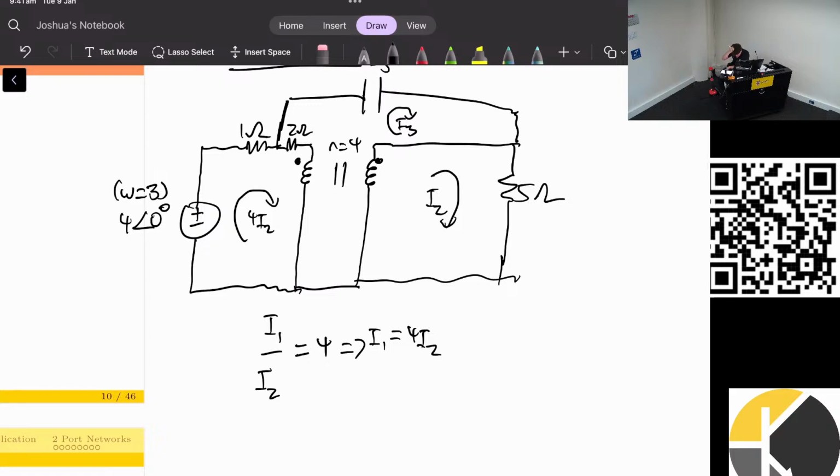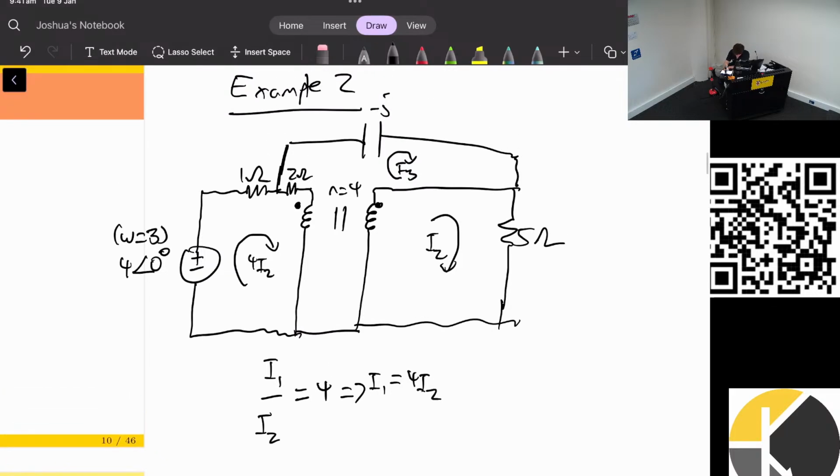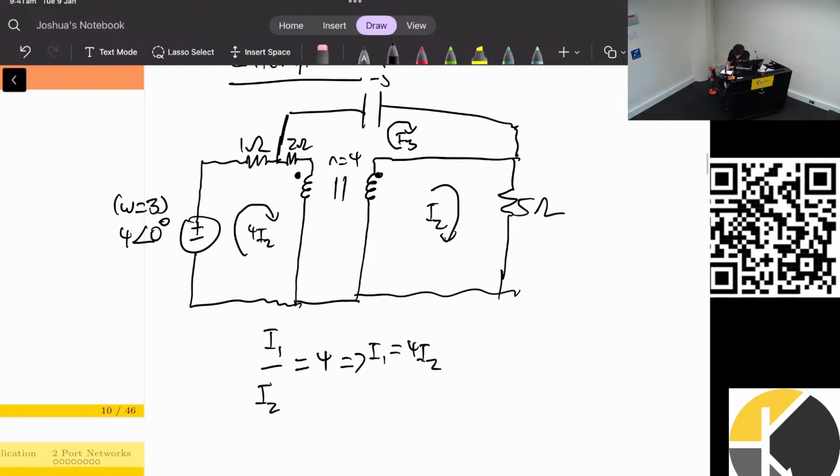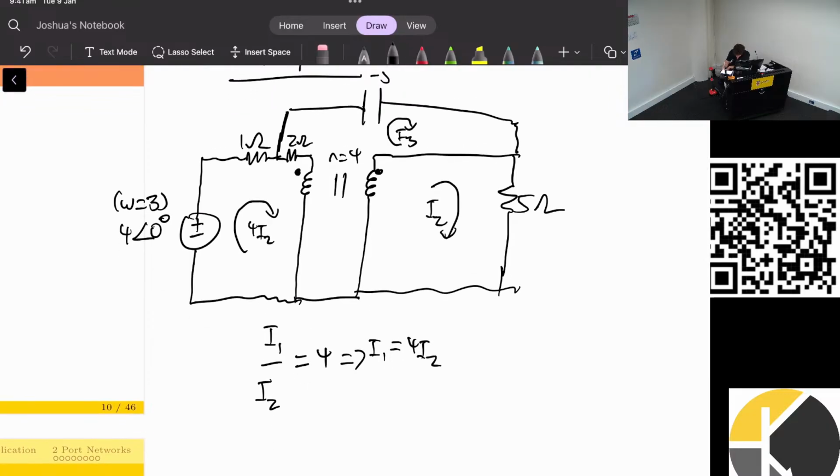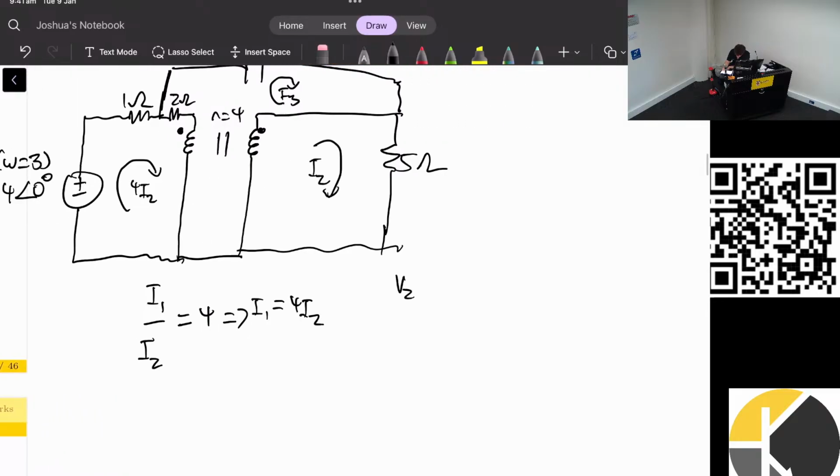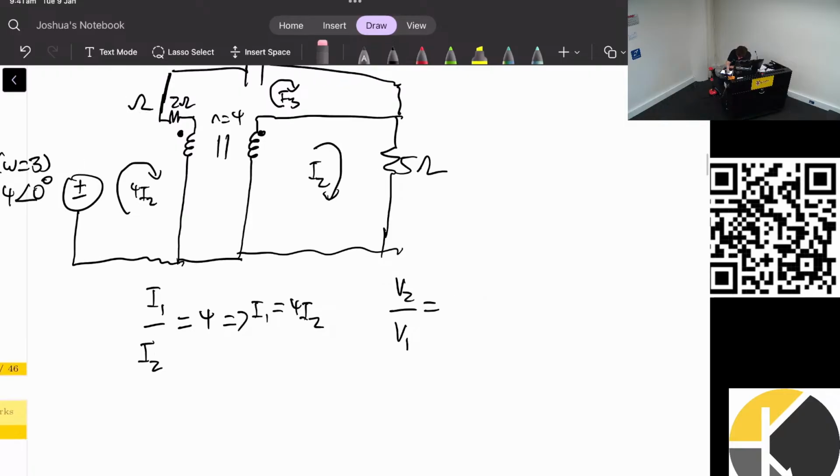Okay, next thing. We'll note our other relation, which we're not going to use until a bit later: V2 on V1 equals -4 by dot convention. Wait, actually, sorry, I did a little silly thing there. Let's put our polarities in.